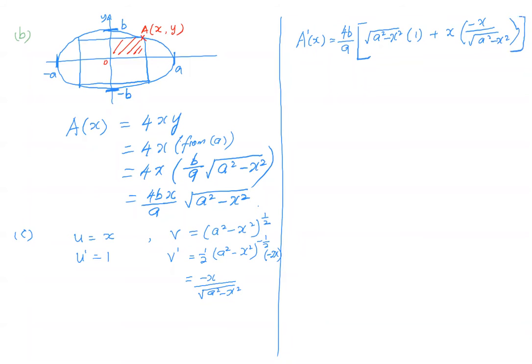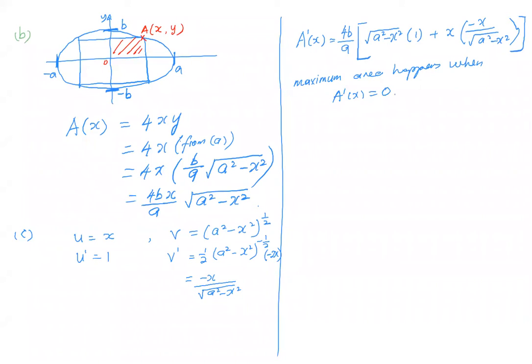Okay, so next step, you write down what they want: maximum area. Maximum area happens when A prime x equals 0.